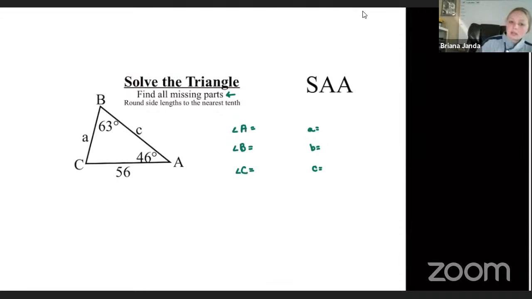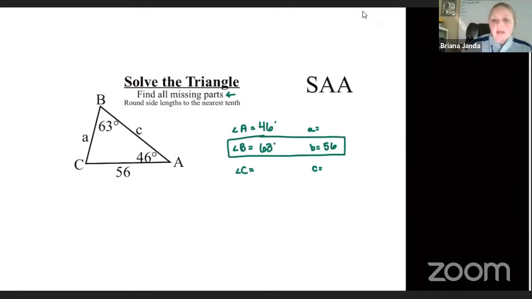So if I fill in what I know from that picture, I know angle A is 46 degrees. I know angle B is 63 degrees. I know side B is 56 units, whatever that is. And again, one of the little keys to this is you will always have a set of angle across from side, or will be able to get from that.